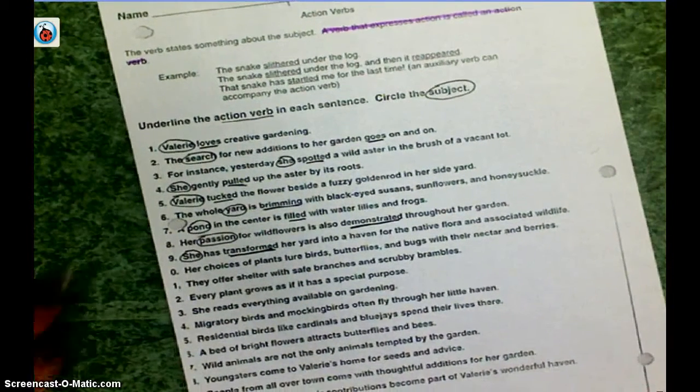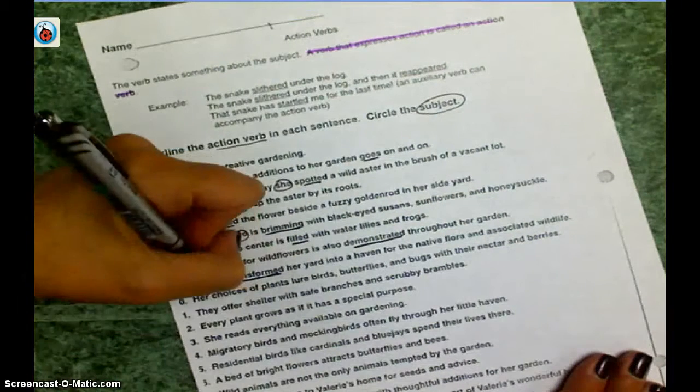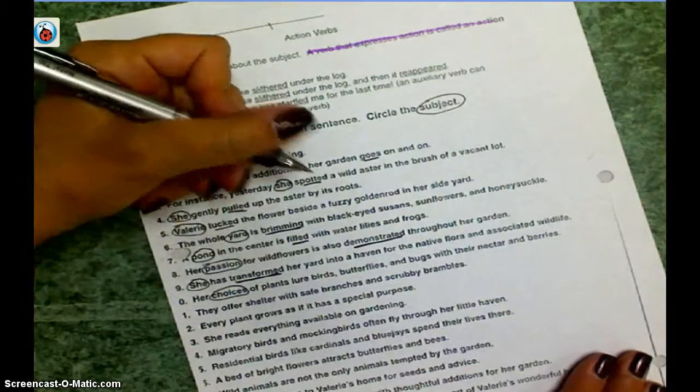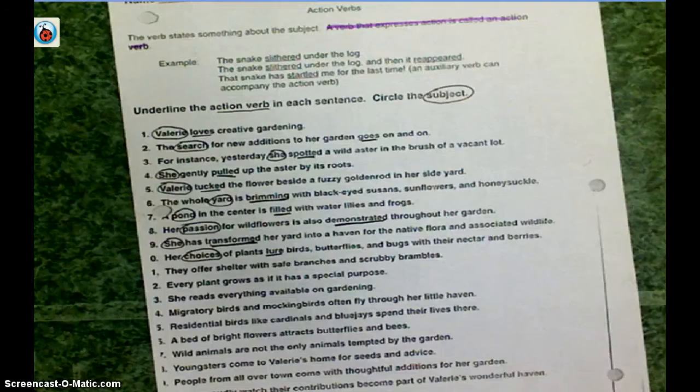Number 10, I'm sorry, my numbers are cut off here. Her choices of plants lure birds, butterflies, and bugs with their nectar and berries. Who or what did it? Choices. What do? They lure. Number 11, they offer shelter with safe branches and scrubby brambles. Who or what did it?